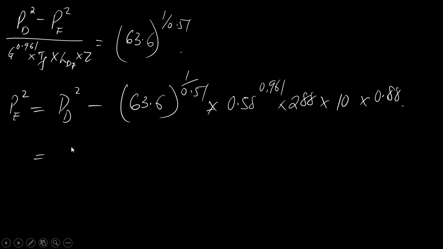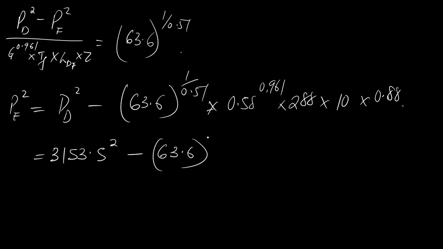So our PD is 3153.5 square minus 63.6 raised to power 1 all over 0.51 times 0.58 raised to power 0.961 times 288 times 10 times 0.88.